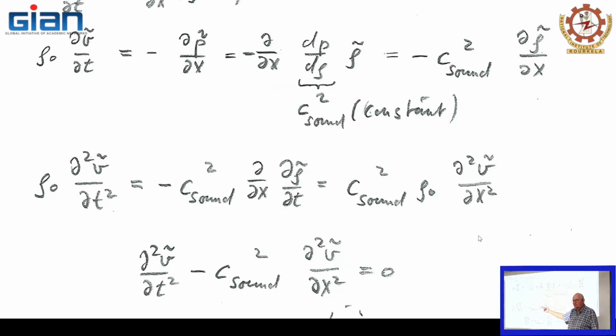Take the result from the mass conservation, then this will be rho naught c sound squared times the second derivative of the velocity perturbation with respect to the spatial coordinate. In the end we end up with the acoustic wave equation for our organ pipe, which is given by the second time derivative of the velocity perturbation minus sound speed squared times the second derivative of the velocity perturbation with respect to the coordinate x equal to 0.